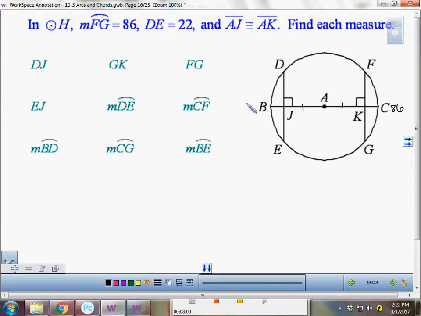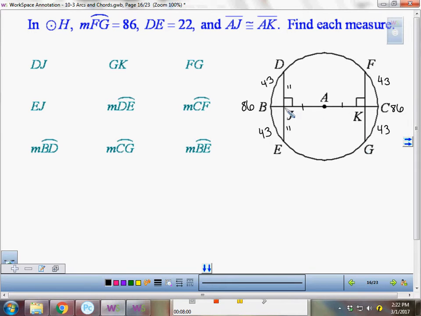So that means that this side is also 86. And then if I cut that in half, that makes this part 43 and this part 43. Same thing over here, 43, 43. And then I also know that this whole chord was 22, which means this part's 11, this part's 11.